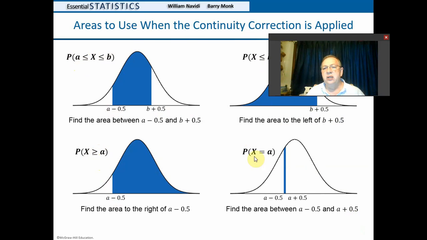And X equal to A, the negative 0.5 to the A plus 0.5. Now I forgot to do the less than, A less than X less than B, but you can consider that the very same thing: if it was A less than X, consider that A plus 1 less than or equal to X, and you get the very same thing here.